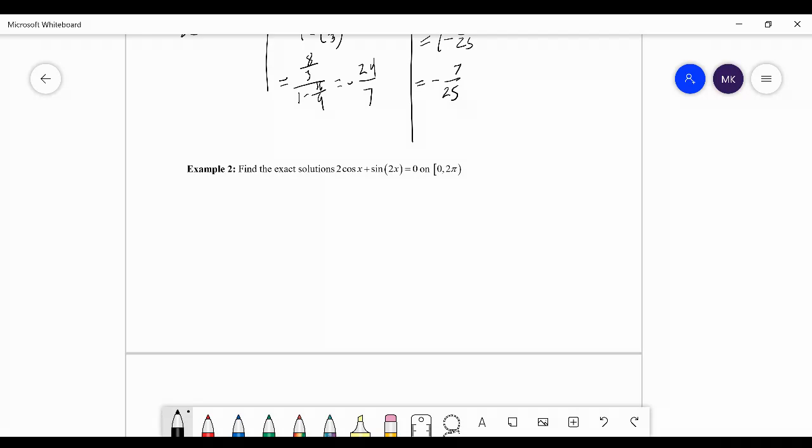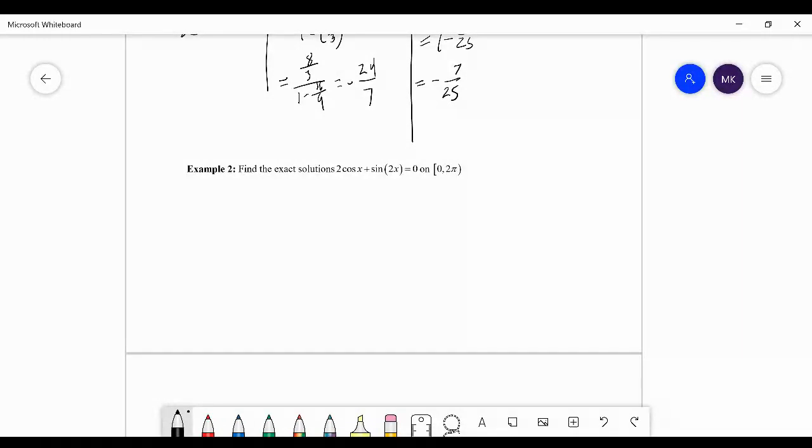So now we want to find exact solutions to the equation 2 cosine x plus sine of 2x equals 0 on the interval from 0 to 2 pi. What we want to do here is figure out how we are going to deal with this problem.